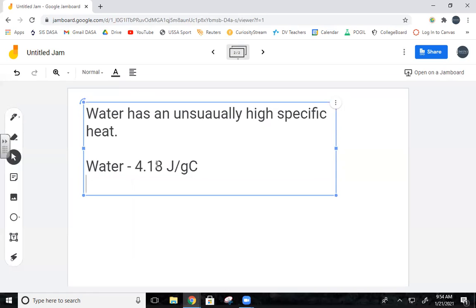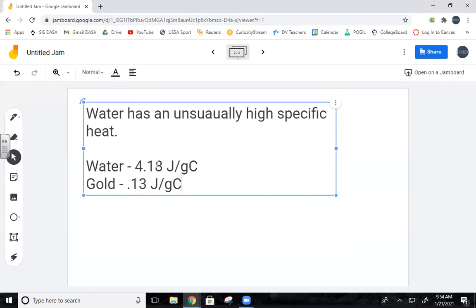Okay, and that probably doesn't seem very high, but for instance, gold, pure gold, has a specific heat of 0.13 joules per gram Celsius. So water is a lot higher, right?